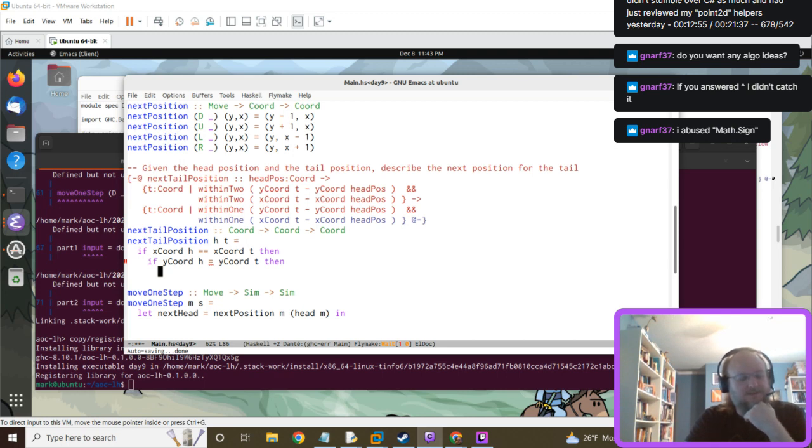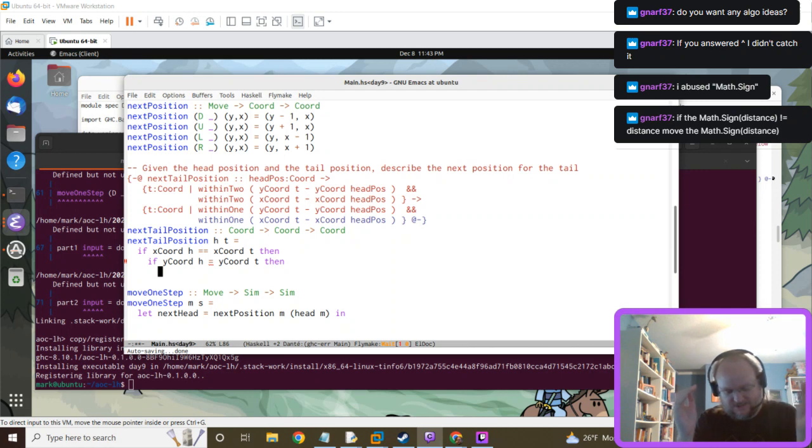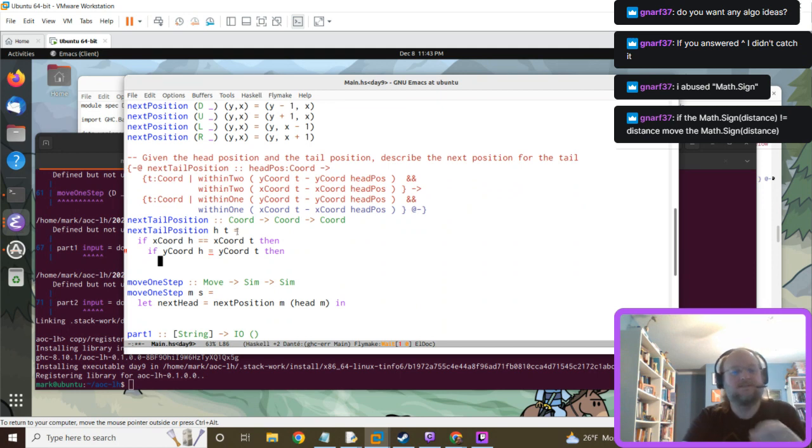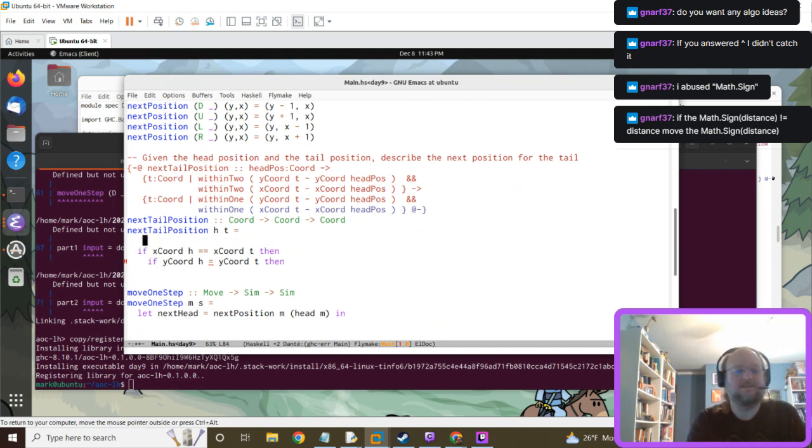Yeah, that should work, right? We take the difference. That tells us which direction we have to go in each coordinate. All right. Don't need to do cases at all.